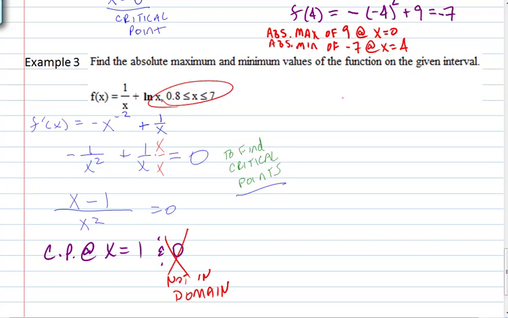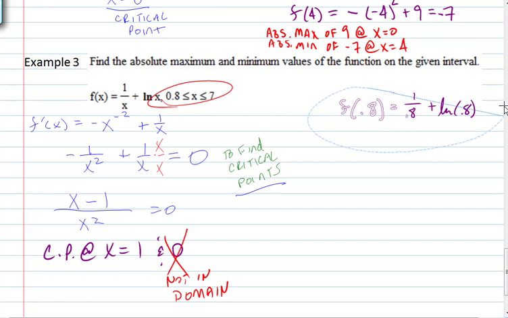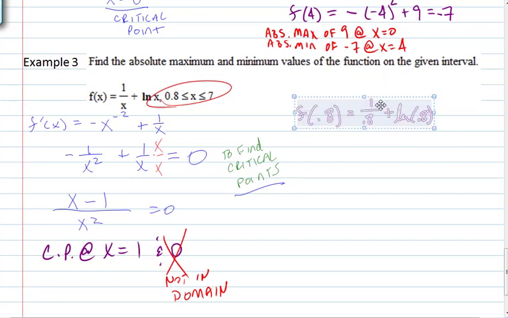So now we have to go back and check the value of f of what? 0.8. So that's going to be 1 divided by 0.8 plus the natural log of 0.8. And what do we get here? Plug it into your calculator, give me a decimal approximation.